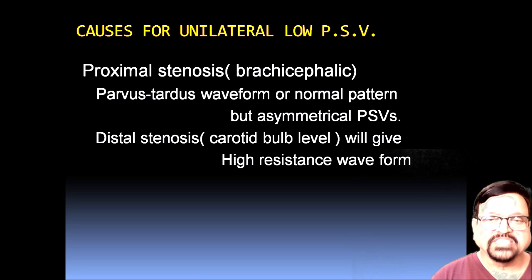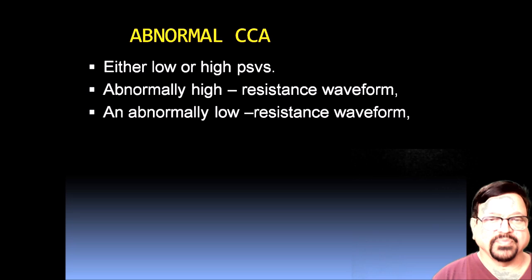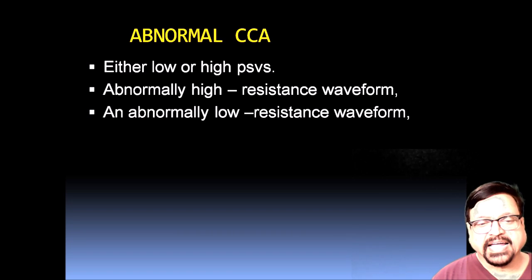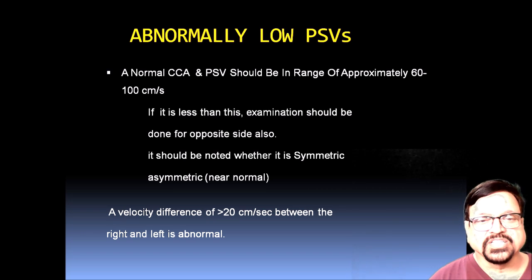If it is unilateral low peak systolic velocity, then we have to consider all these parameters. When we call an abnormal common carotid artery, either low or high peak systolic velocity, then abnormal high resistive waveforms and abnormal low resistance waveforms are the causes.